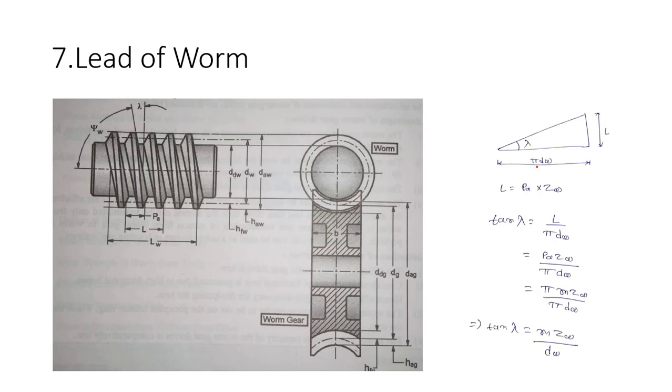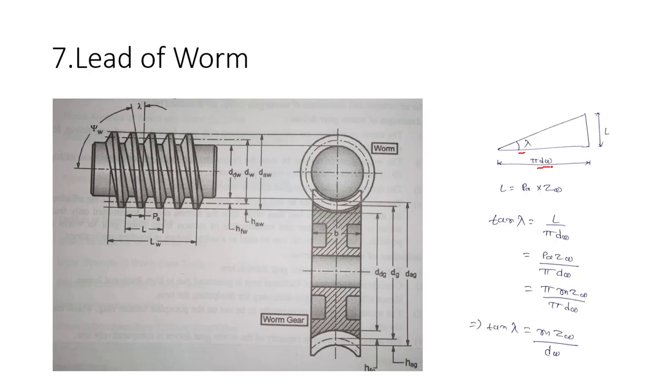Here we can say that this is the development of the worm thread. The angle is the lead angle, and if we rotate it, then it will travel this distance.